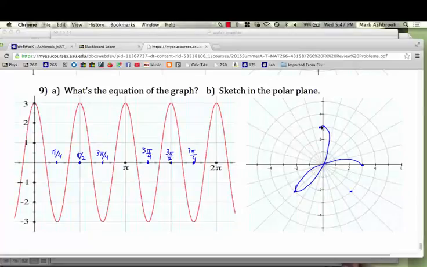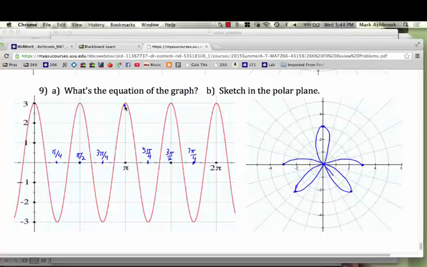So it's going to go like that. Then from 3 pi over 4, where it's at -3, to pi, where it's at 3. So at pi, it's at 3. Half done.